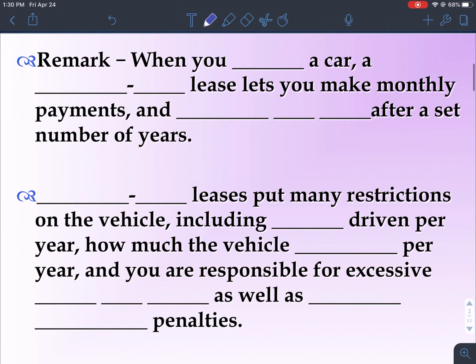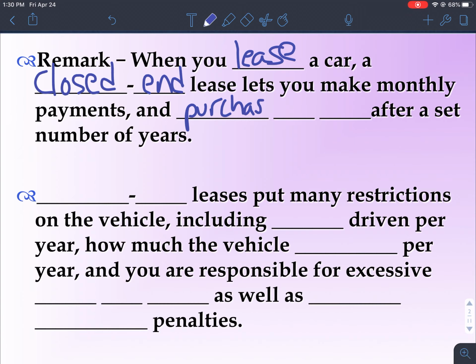Now, when you lease a car, a closed-end lease lets you make monthly payments, and then you have a choice to purchase the car after a number of years.